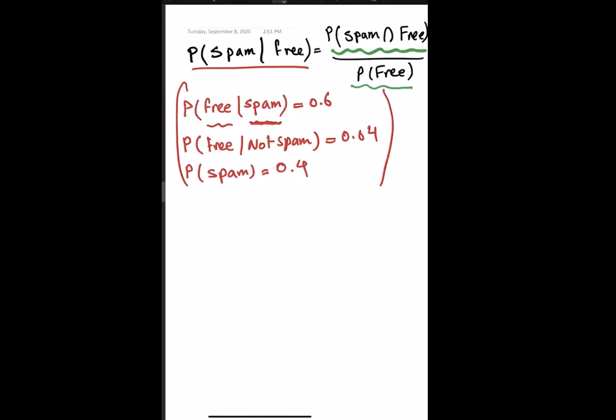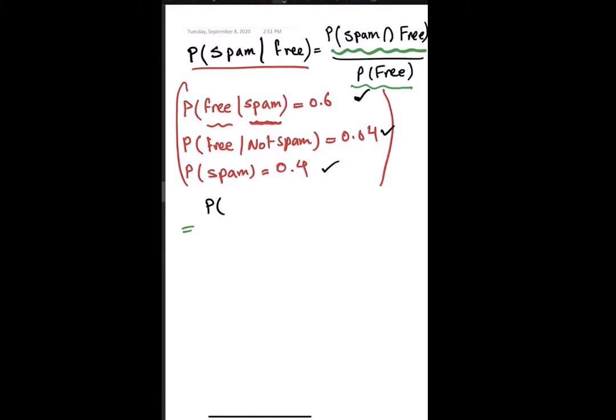No. Then I have to find ways to rewrite the numerator and denominator. How can I rewrite the numerator? Remember, I only have these three things in the problem statement. I have to somehow rewrite the numerator based on these three things.